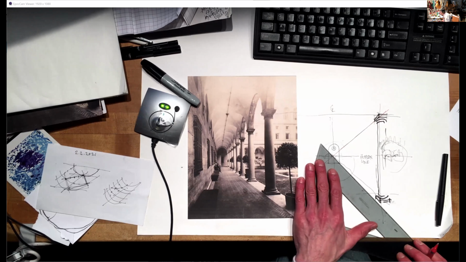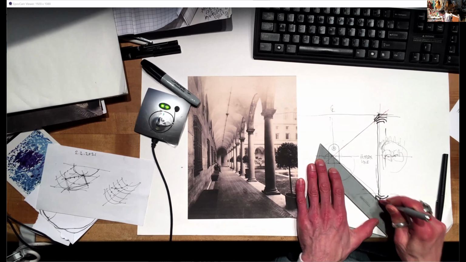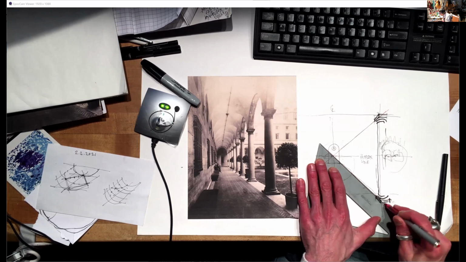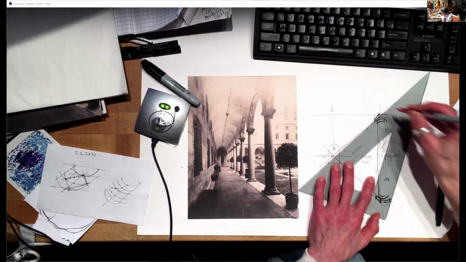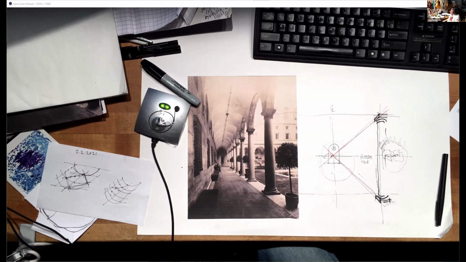So the lines that form that are going to converge to a single point.